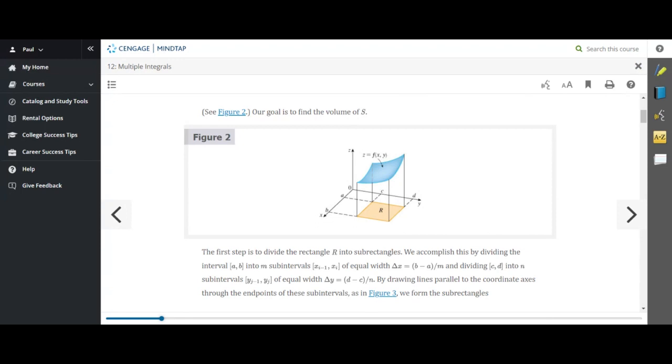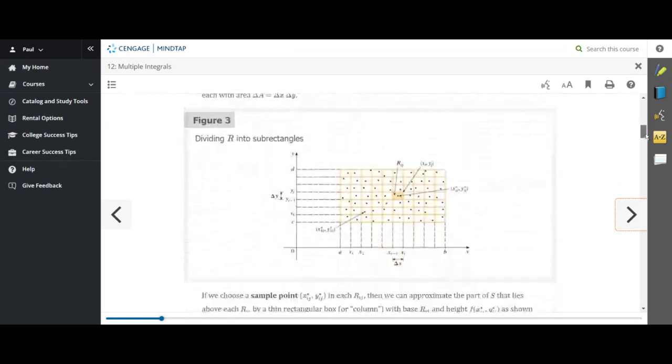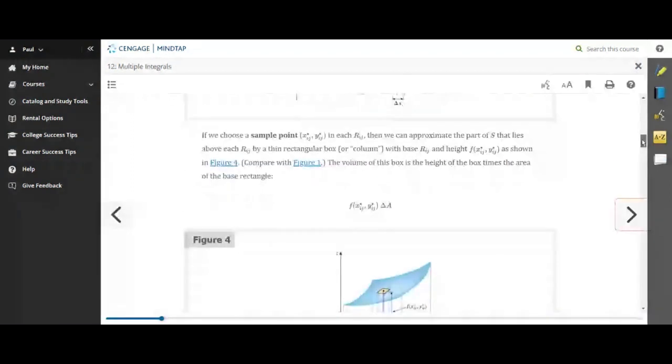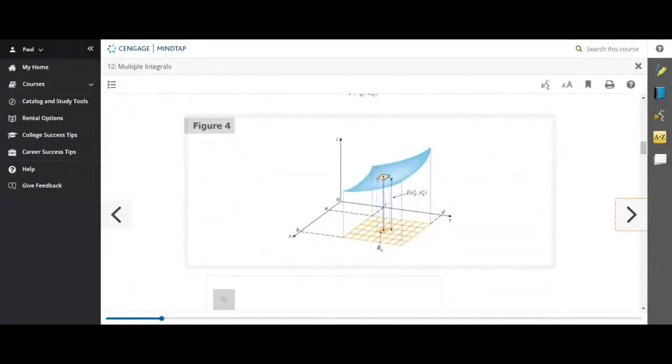Well, we wouldn't pick points along an interval. That's what we would do if we had a function of one variable. When we have a function of two variables, we have to break the region R up into these little subrectangles, and then we pick points in each subrectangle. And then, of course, we can construct these bricks or parallelepipeds, these blocks, as you see in figure 4.